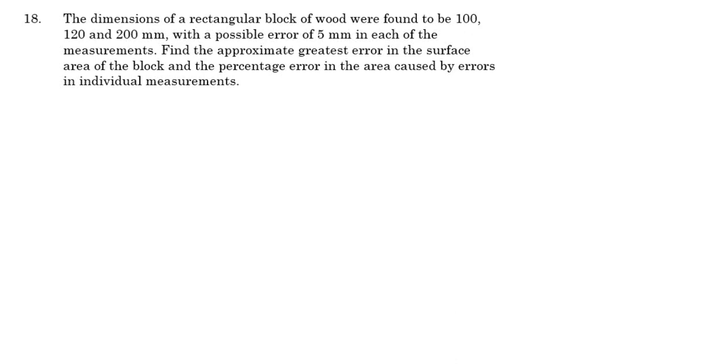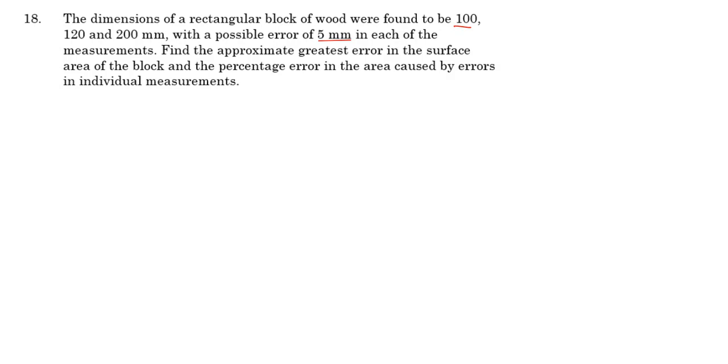Welcome to this video, and we are going to be answering this question. The question reads: the dimensions of a rectangular block of wood were found to be 100, 120, and 200 millimeters with a possible error of 5 millimeters in each of the measurements.